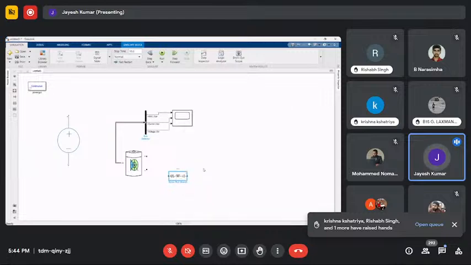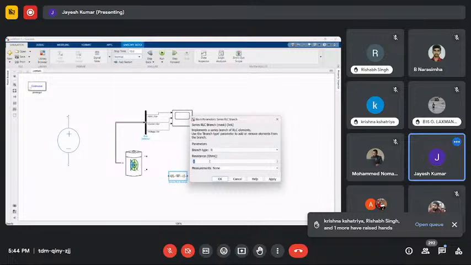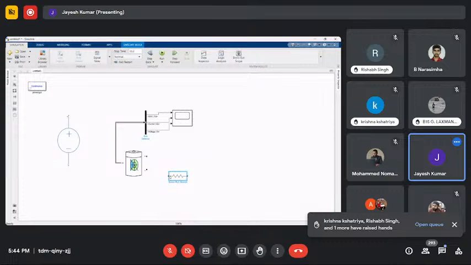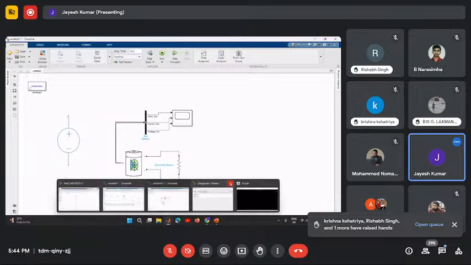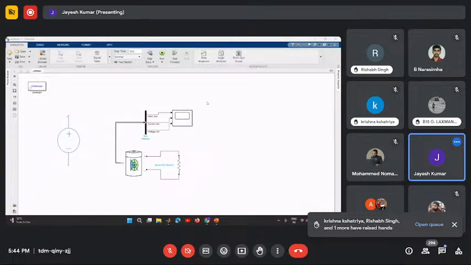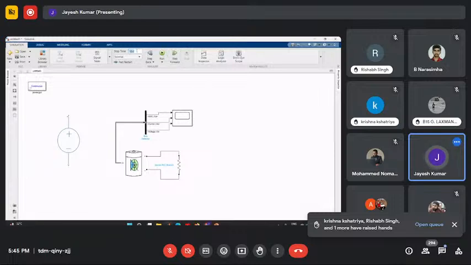Suppose I take a load R of 1.5. I connect it with the battery. Again I run the simulation for 0 seconds.